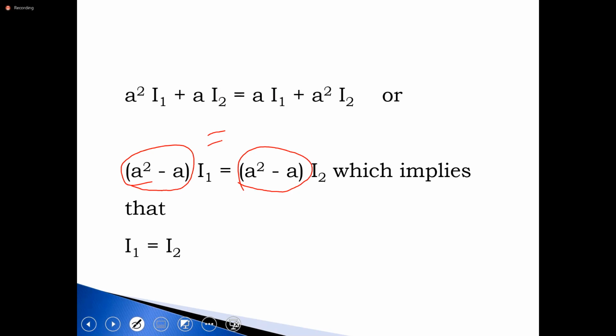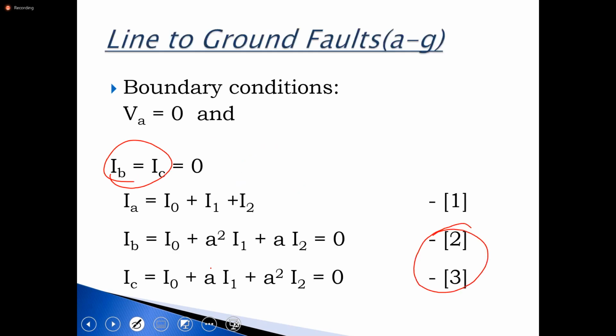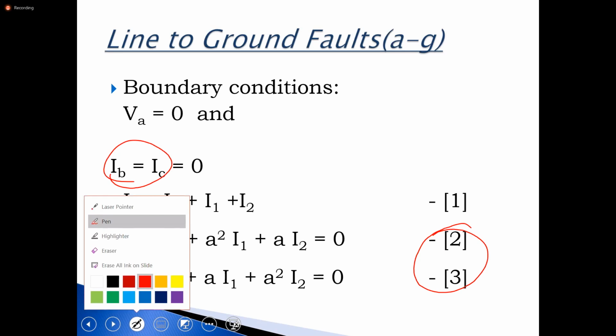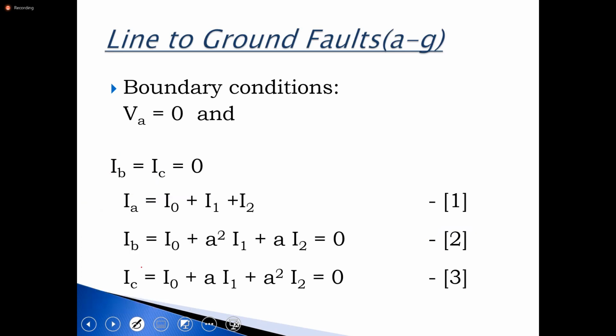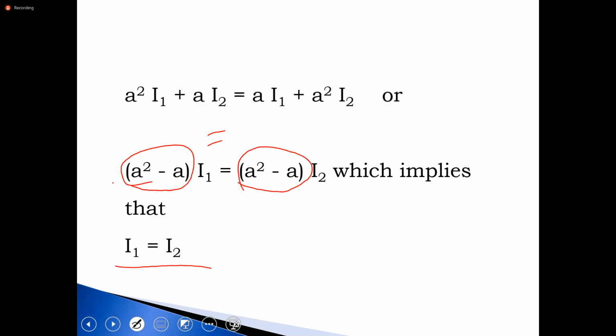So what we are saying is that the two sequence currents, and I want you to make the distinction, remember what we have here in terms of the boundary conditions. These represent the phase currents. What we are showing here are the sequence currents. So the positive sequence and the negative sequence currents are equal.